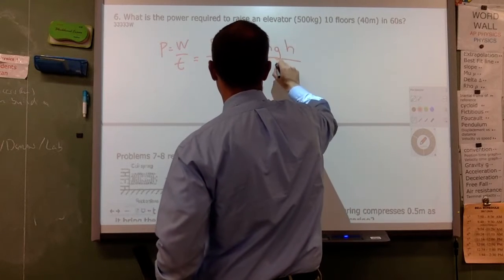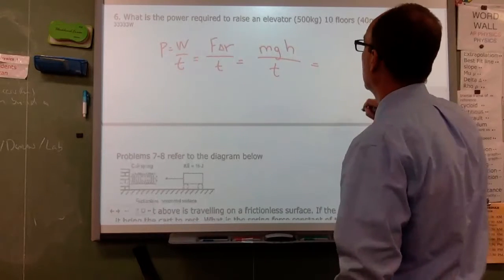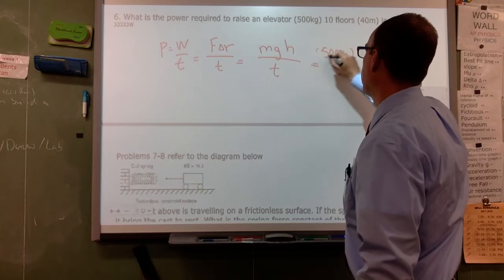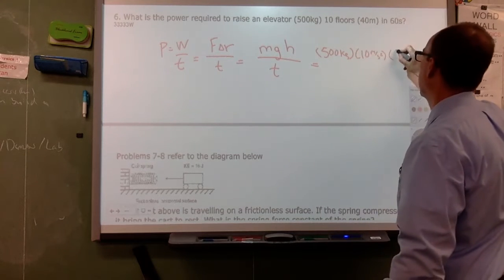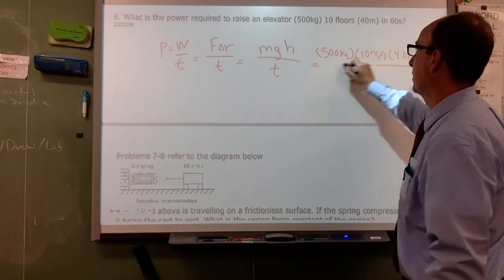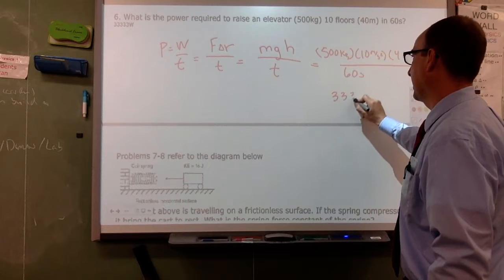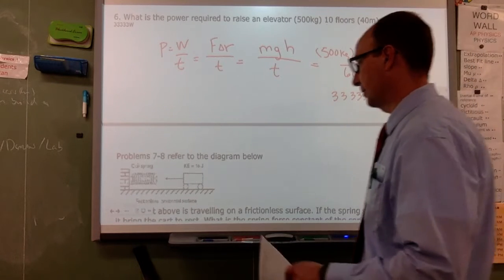The distance it goes up would be equal to the height. So I'm going to have 500 kilograms times 10 meters per second squared times 40 meters divided by 60 seconds, which looks like it is 33,333 watts.